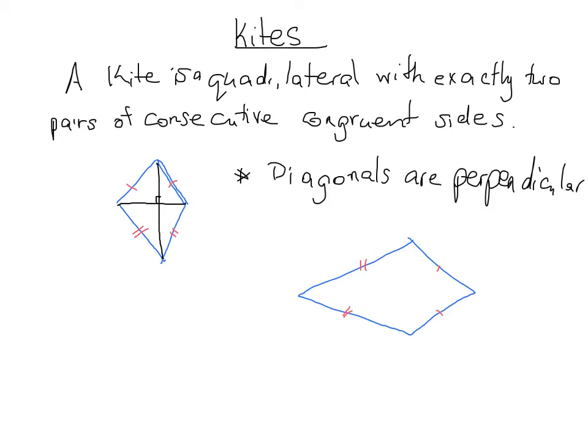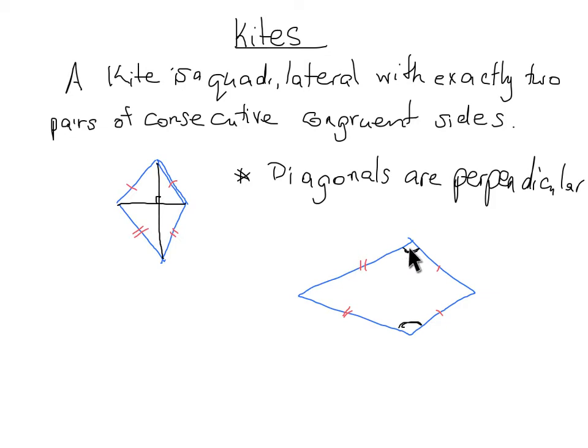So in every kite, there's going to be one pair of congruent angles. The angles are opposite to each other, but here we go. Angles here and here will be congruent. Not these two, and I'll describe how we know it's these two that are congruent to each other.